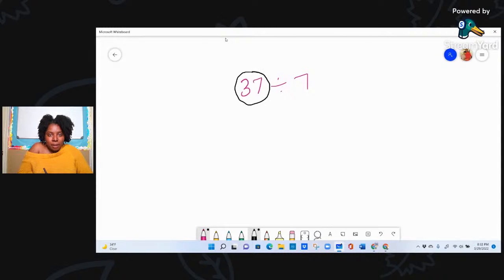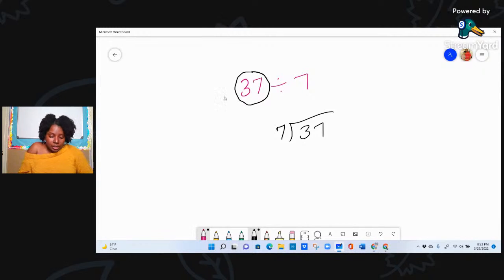So the first number always goes in the house. 37 is here and 7 on the outside. Now, August, do you work with decimals, or are you just learning remainders? Let me know. Okay, so usually about 6th grade and up, so no decimals, so remainders.